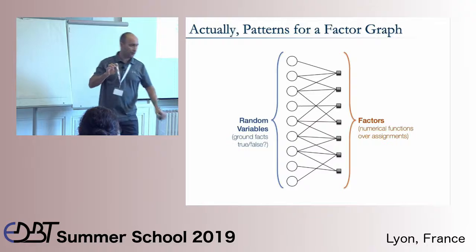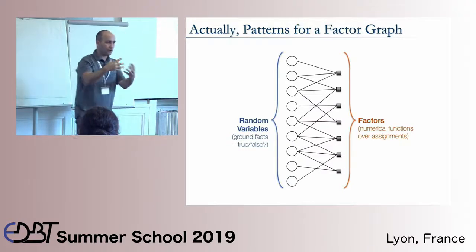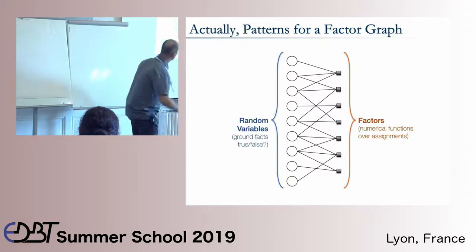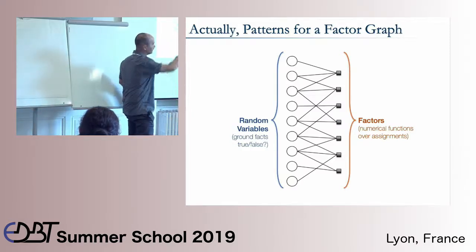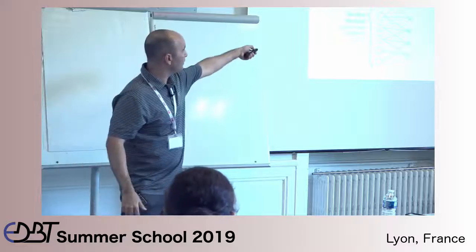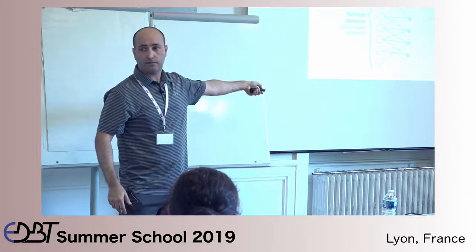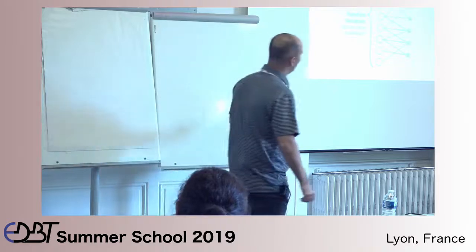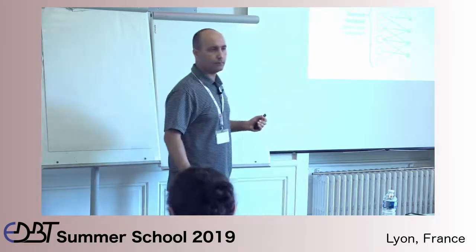These are functions that get as input the values of the random variables that they have on the other side, and give you a number, a value. And the probability is always a product of these factors, normalized by the obvious normalization factor. Okay?